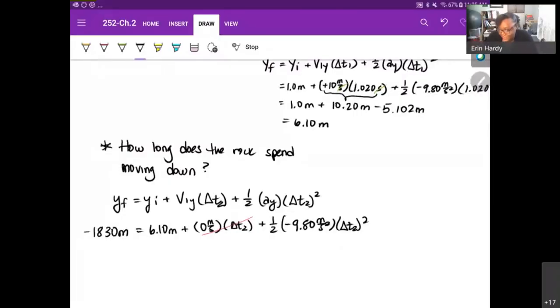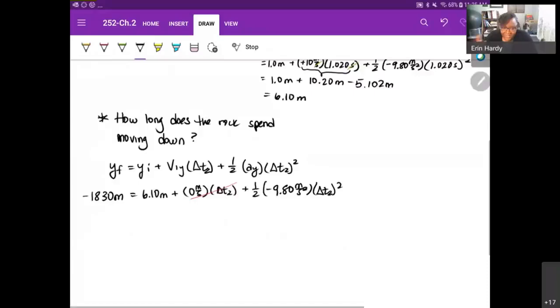Splitting it up this way lets us get around using the quadratic. We could have used the quadratic from the jump, but I want to show both ways of solving this. So negative 1830 minus 6.10 is negative 1836.1 meters. I'm going to worry about sig figs later.